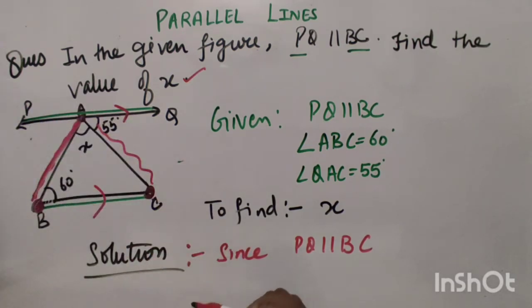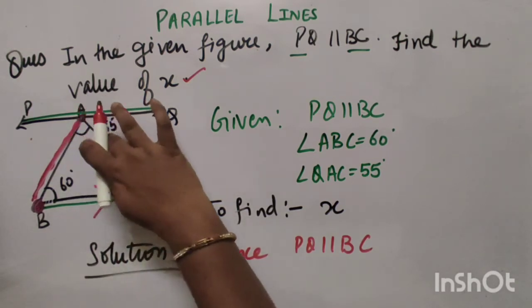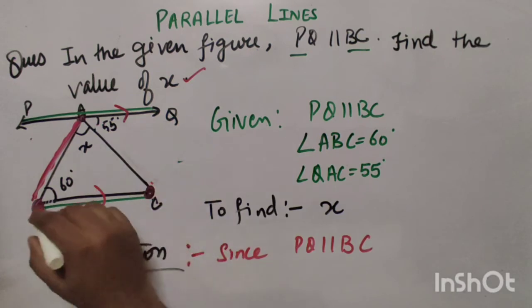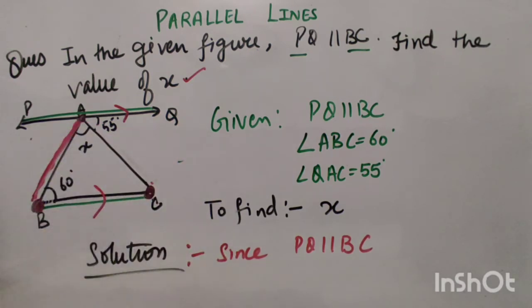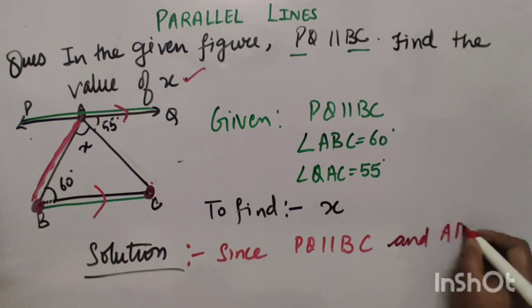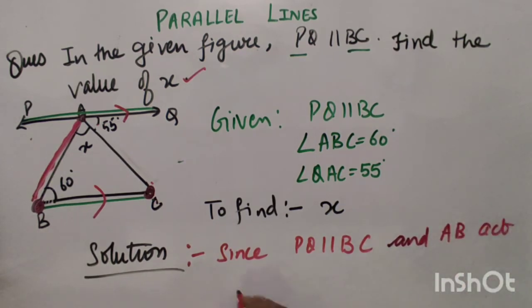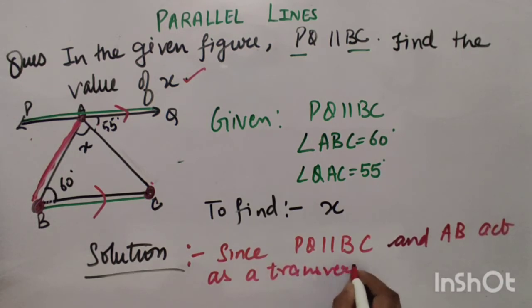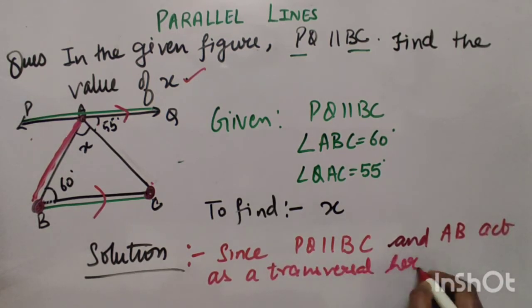Any of the lines as per the question we can take up here. As per the requirement of the question, I will take AB as a transversal. So we will write, AB acts as a transversal here, right?